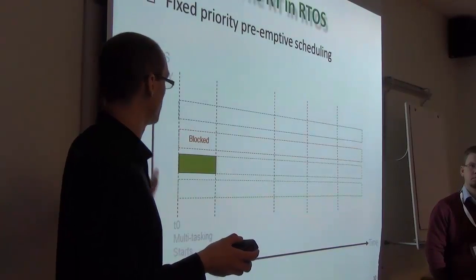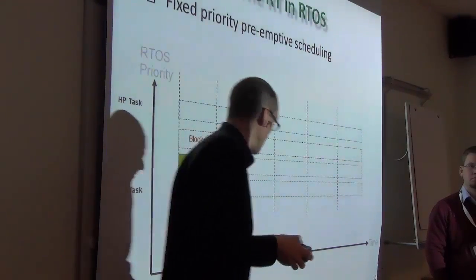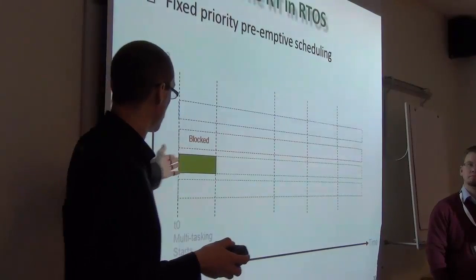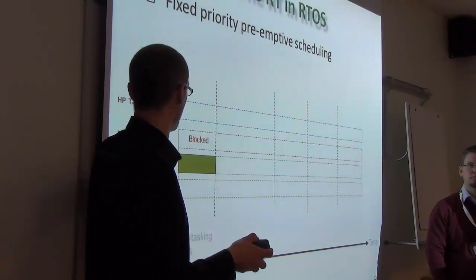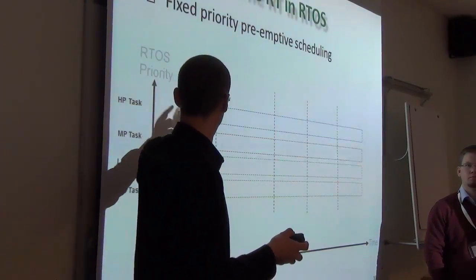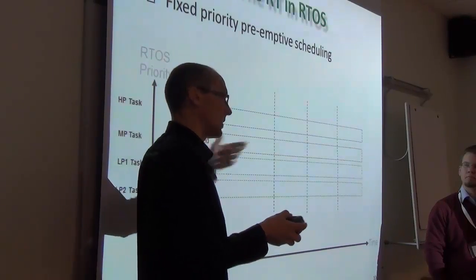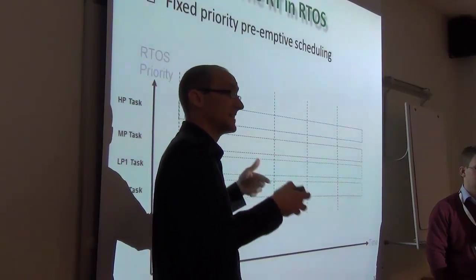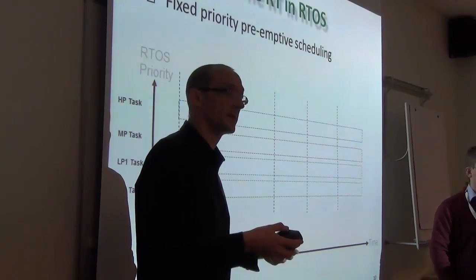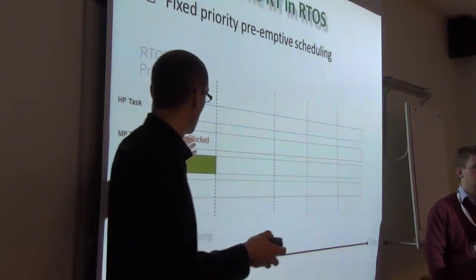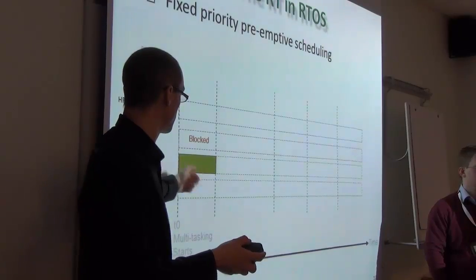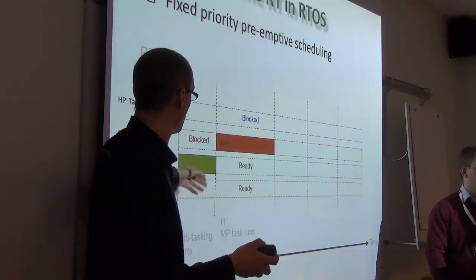This diagram, same concept. Time is moving along the left. Low-priority task is running. There's also a medium-priority task, which is blocked. Blocked means there is something preventing it from running. It's waiting for something. Because it's blocked, the scheduler will choose the low priority task to run.